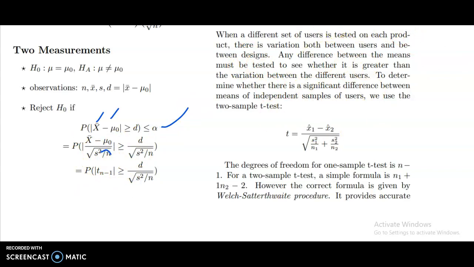Then P of t with n minus 1 degrees of freedom is greater than d divided by root of s square by n. That is, mod of t n minus 1 is greater than d by root of s square by n. This value is x bar minus mu naught divided by root of s square divided by n, equal to t n minus 1.